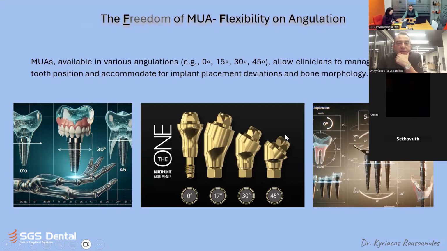This gives us flexibility to insert the implant in a place where there is more bone and it is more stable. And we can correct the angulation, especially when we have more than one implant to connect.